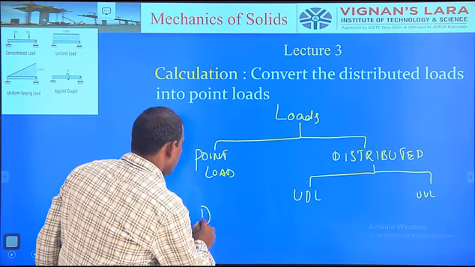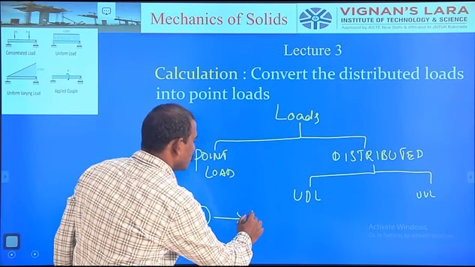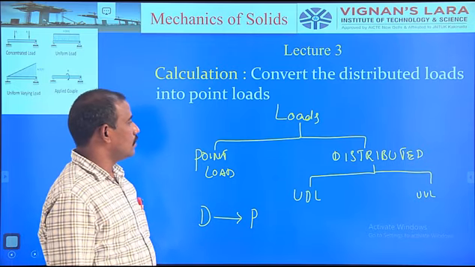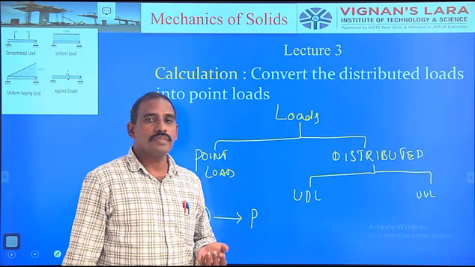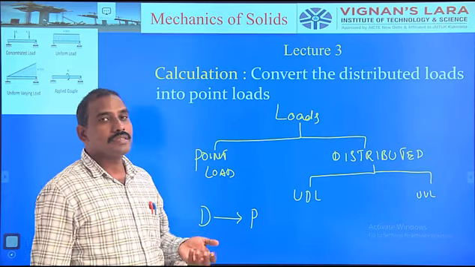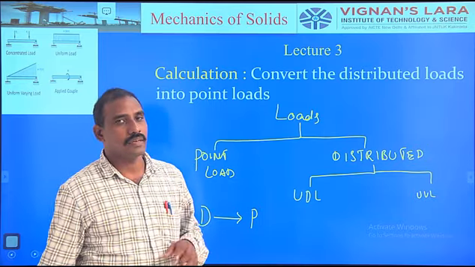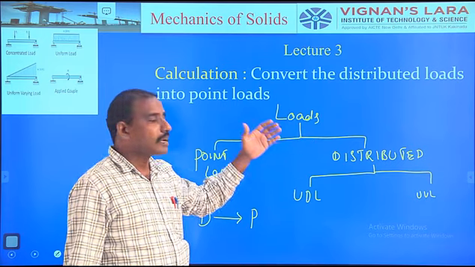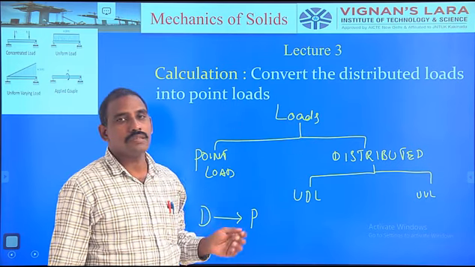Here the distributed loads must be converted into point loads for calculation purposes. Then only you can find the shear force and bending moment easily. Otherwise you may find it difficult. So for calculation purposes you must convert the distributed loads into point loads.